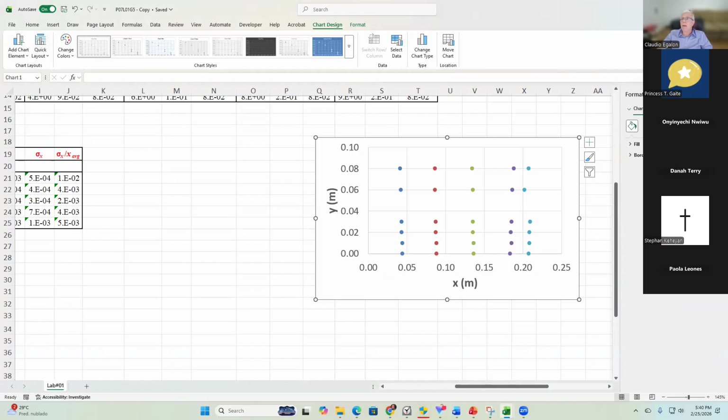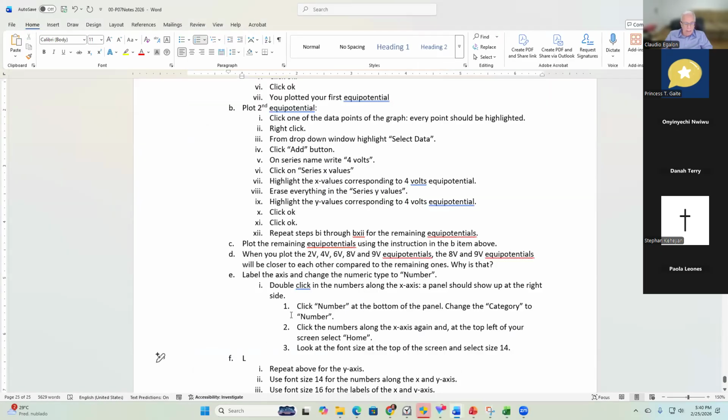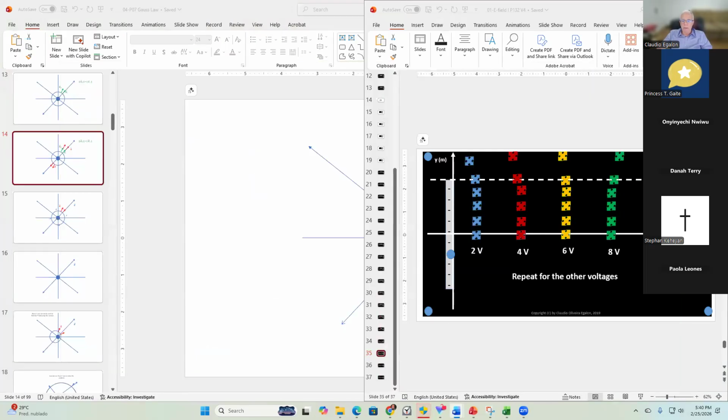Axis title, okay? Add title to the axis, right? One, click anywhere in the graph, right? That's what I did. Make sure you select the graph.